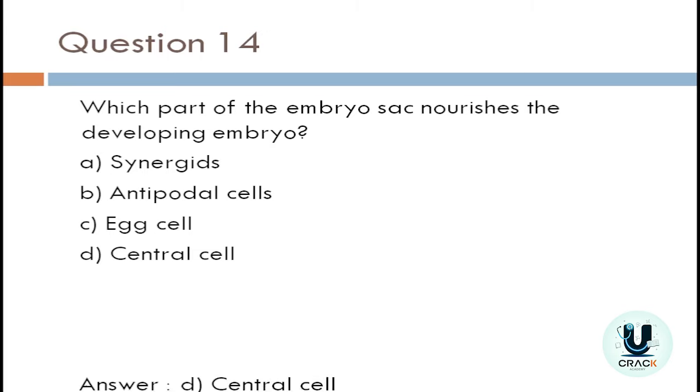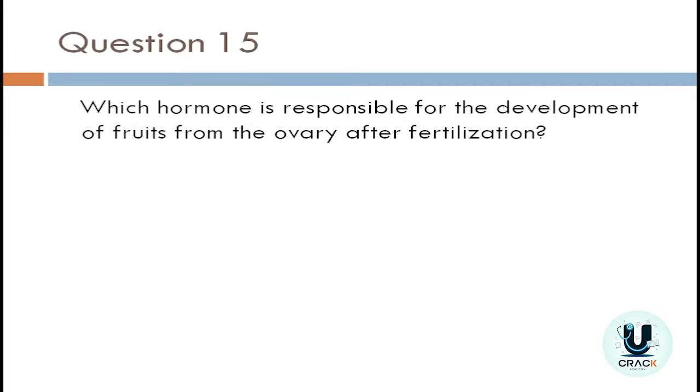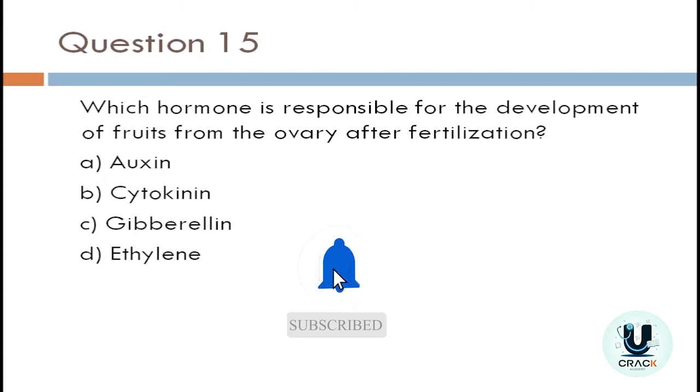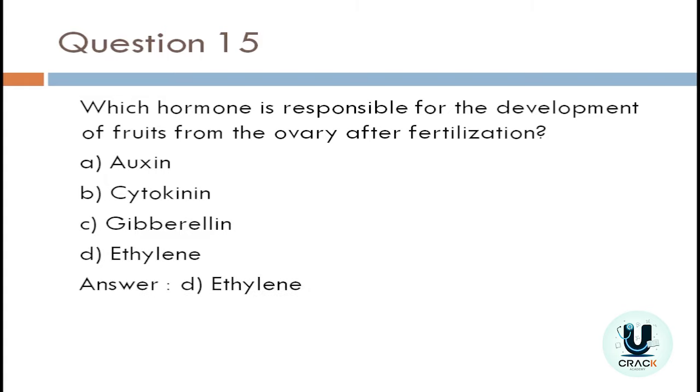Answer: central cell. Question number 15. Which hormone is responsible for the development of fruits from the ovary after fertilization? Auxin, cytokinin, gibberellin, ethylene. Answer: ethylene.